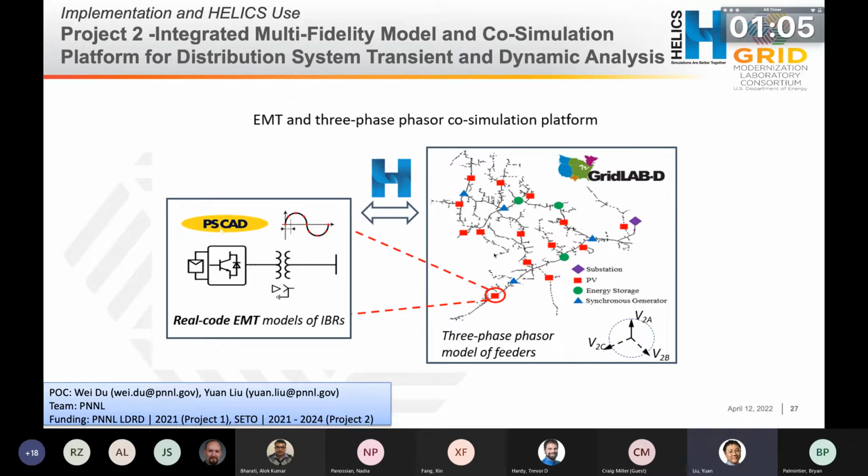This is the first time ever that EMT and three-phase phasor domain simulation tools are connected with each other. We will investigate the interface techniques and some dynamic responses with high penetrations of IBRs. This is still ongoing, and hopefully in the future we can present more results.